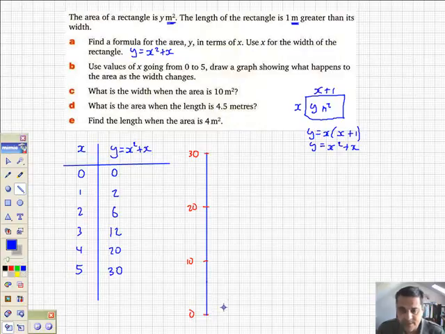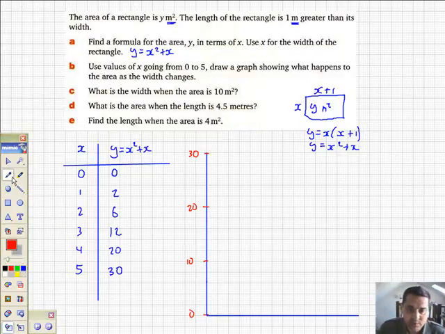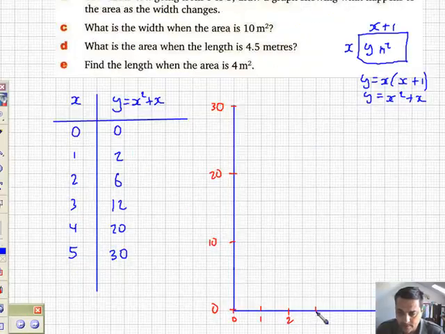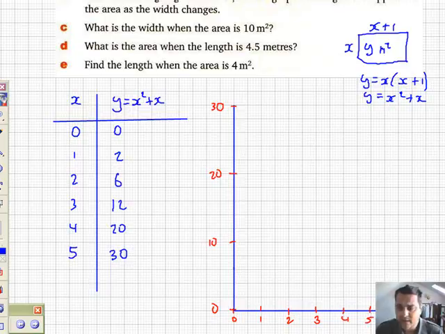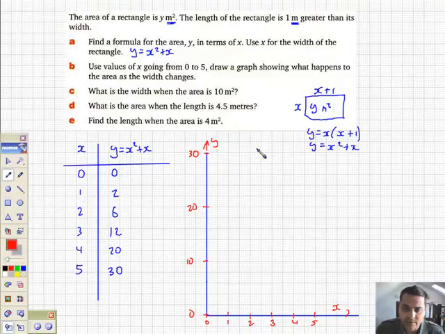And then we'll go across here 1 to 5. Let's just put a nice line there. So that's 0, 1, 2, 3, 4, 5. So this side's going to be the x value, that direction, and that's y in that direction there, arrow, so that's y.